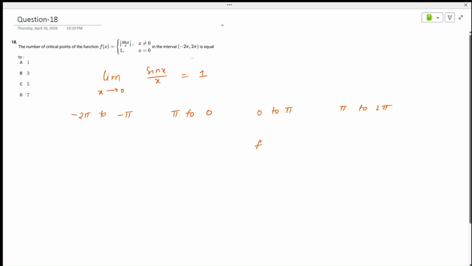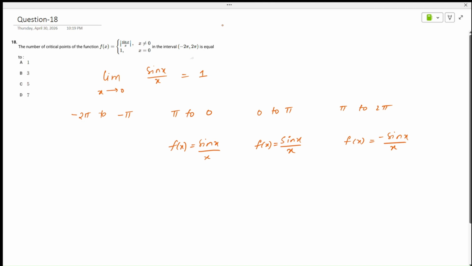So f of x is sin x by x. At pi to 2 pi, sin is negative and x is positive, so f of x will become minus sin x by x. At minus pi to 0, both the functions are negative, so it becomes positive. f of x equals sin x by x.